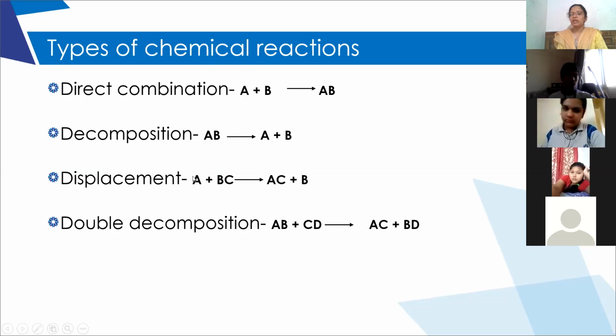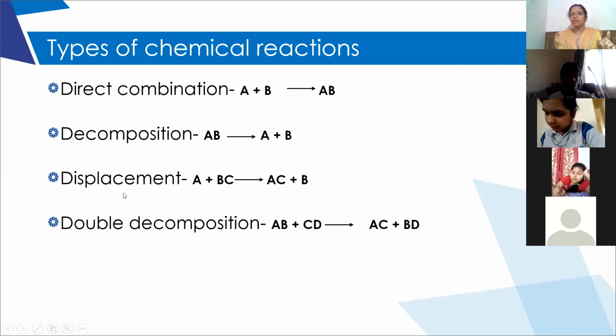One reactant displaces or replaces another reactant, generally from its solution. We'll discuss this clearly later, but understand one thing: in a displacement reaction, if a substance has to displace another substance, there should be a medium, which is a liquid medium.